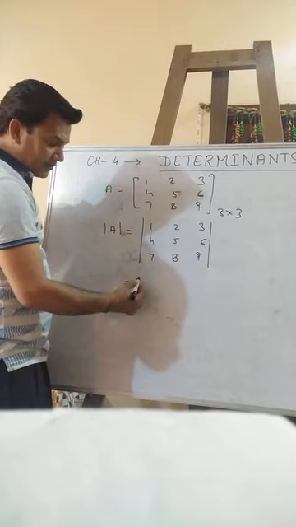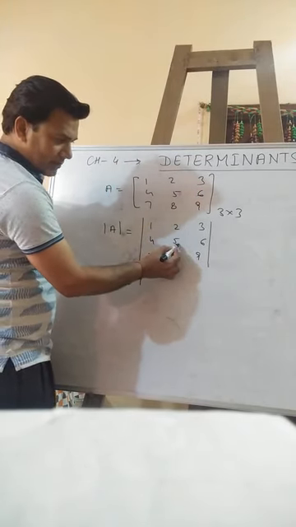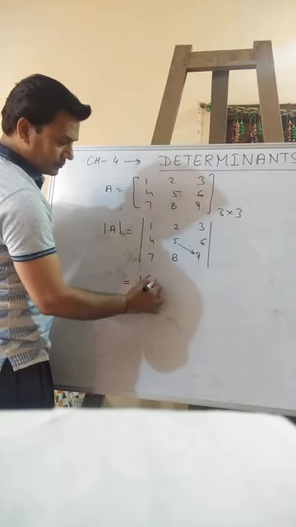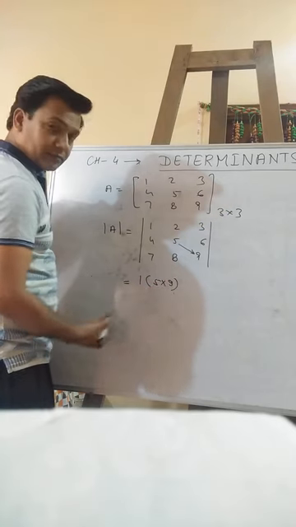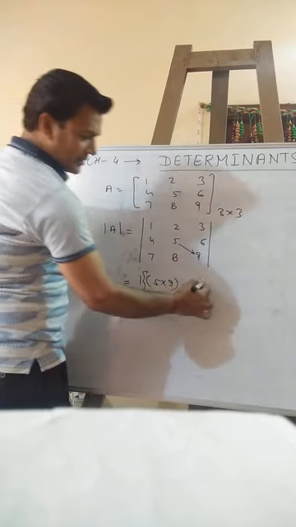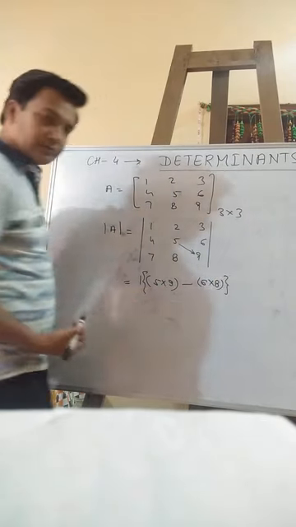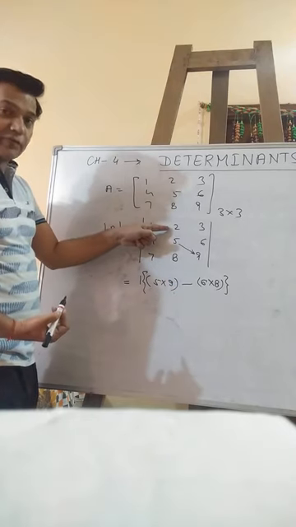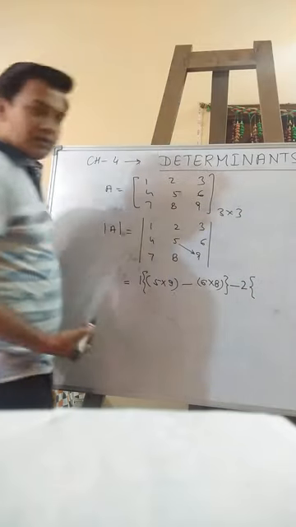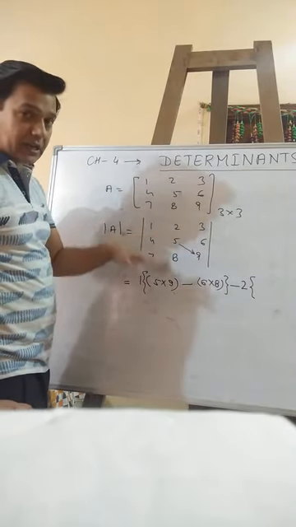The first value is 1, then multiplied 5 by 9, use minus sign, 6 by 8. Then apply a minus sign for the second one, minus 2. Leave the row and column in which that number occurs.